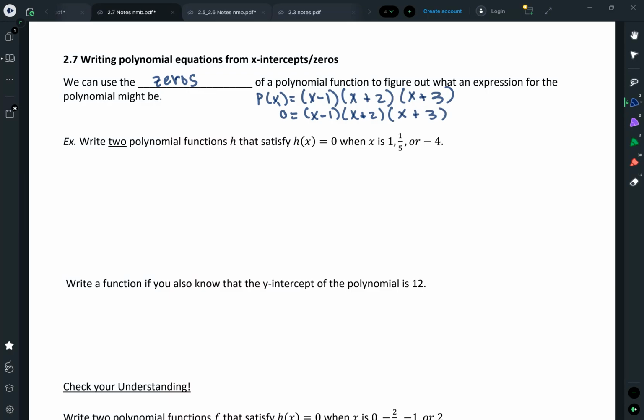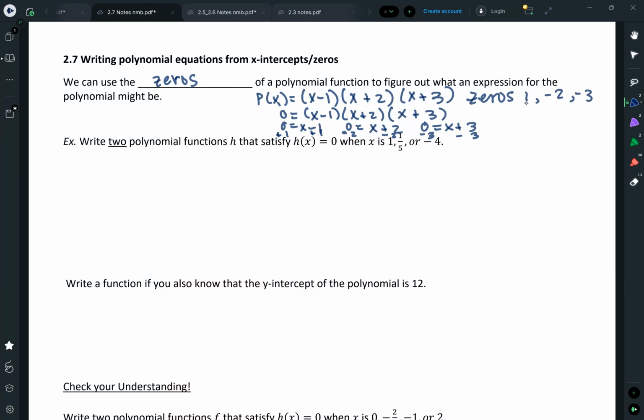And so I'd have either 0 is equal to x minus 1, or 0 is equal to x plus 2, or 0 is equal to x plus 3. And because of the way I solve, subtracting on both sides, when I find my zeros, they're opposite in sign, right? My zeros for this one would be 1, -2, and -3.